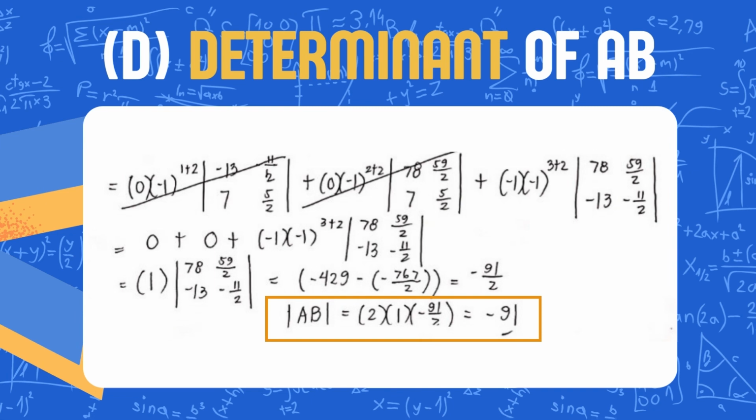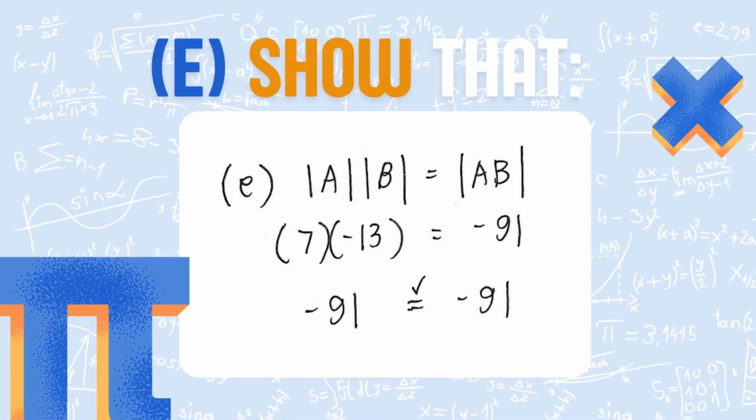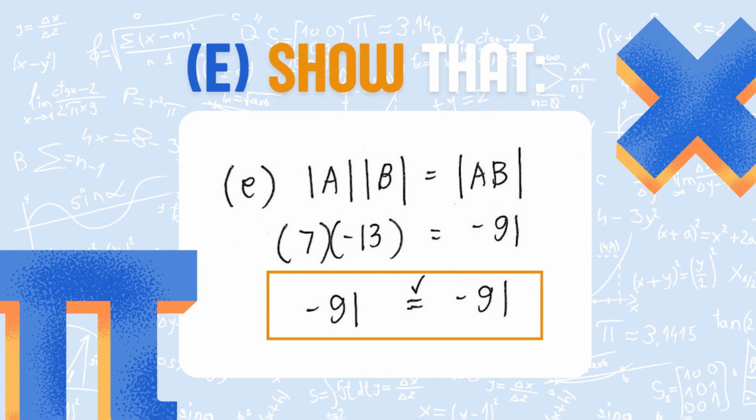As we multiply it by the outside numbers from the recent solutions, we get 2 multiplied by 1 multiplied by negative 91 over 2, which is equal to negative 91.